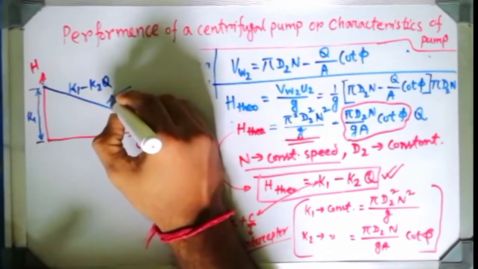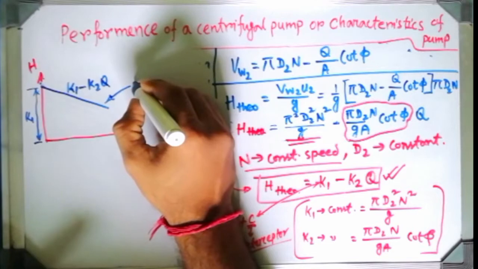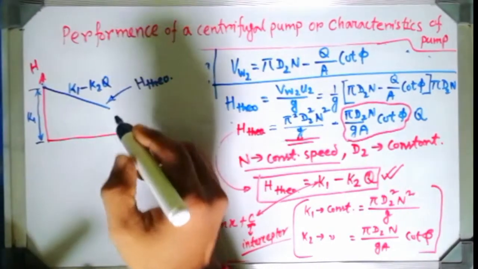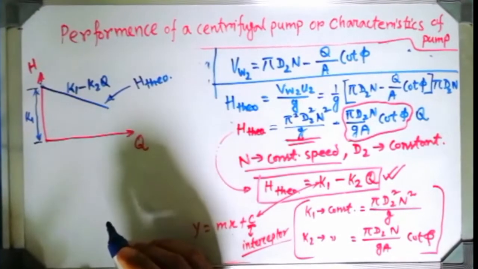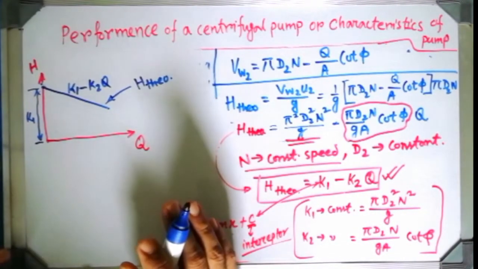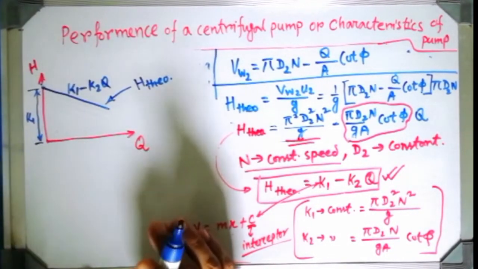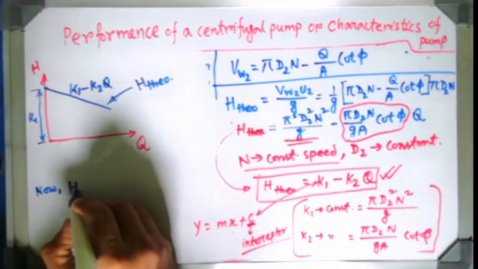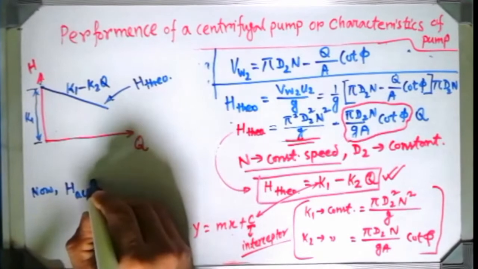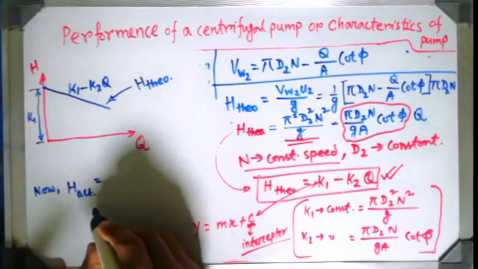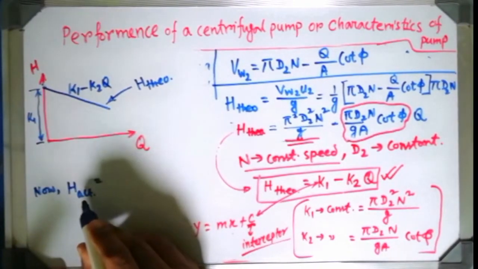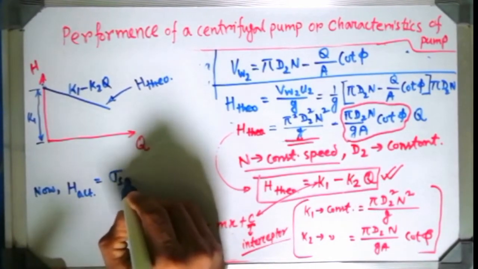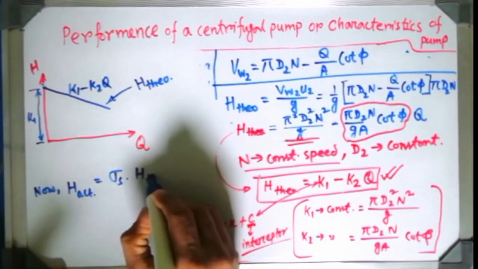Yes, sir. So this curve is nothing but the H theoretical curve. That means head developed theoretically, because we haven't considered that slip is there, but actually there will be slip. So now we can say that H actual should be sigma multiplied with H theoretical, isn't it?